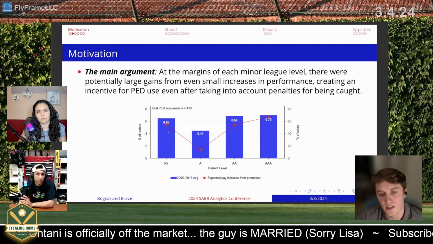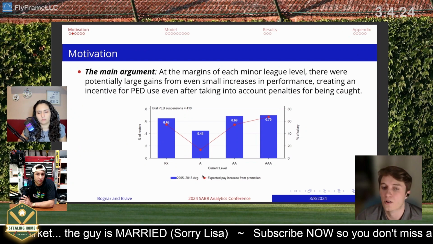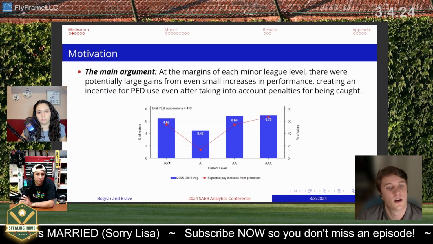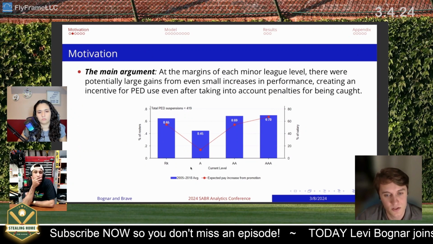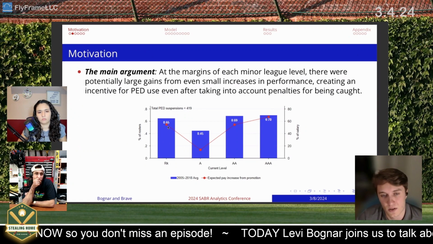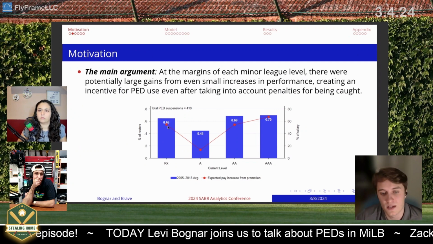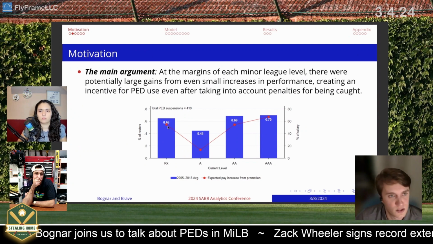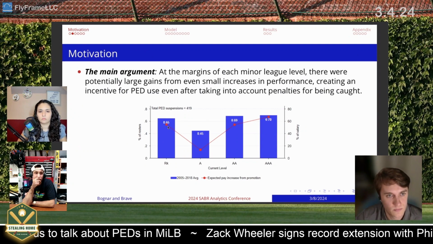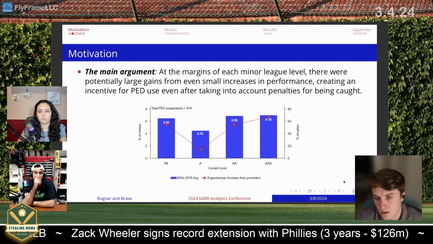Because both of these follow a U-shaped pattern, you can see a clear correlation between PED suspensions, which is our proxy for PED use, and the expected pay increase from promotion. Essentially the idea is that people are using PEDs to get the extra wage promotion in the minor leagues.